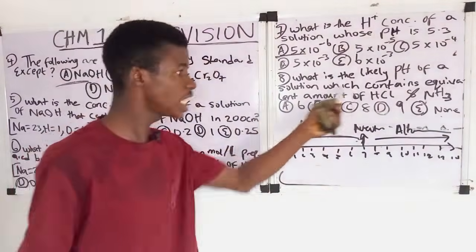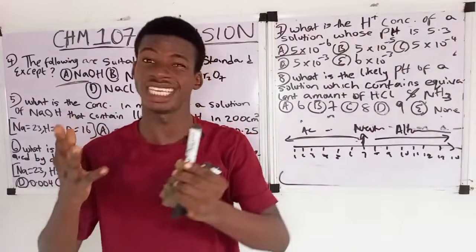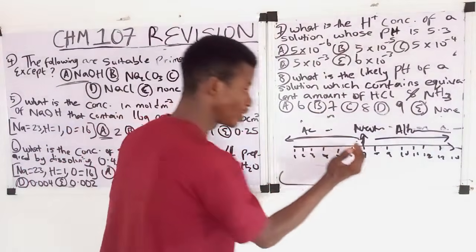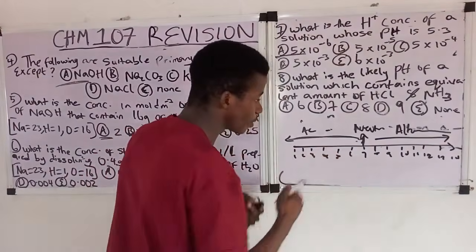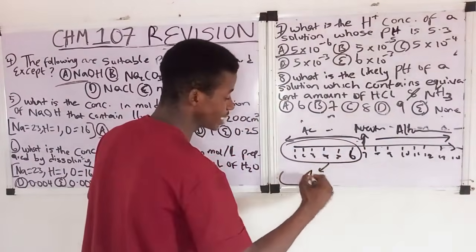So a solution that contains hydrochloric acid and ammonia is an acidic solution, right? So the pH will range around this position here, because from 1 to 6 in a pH scale is acidic.